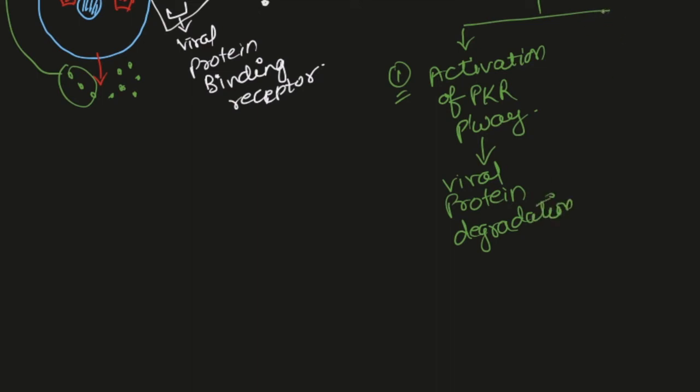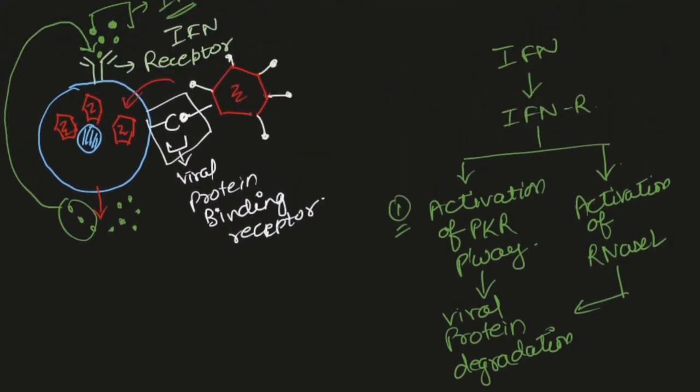The second pathway is activation of RNase L, which again leads to viral protein degradation. And then there is the third pathway, that is modification.